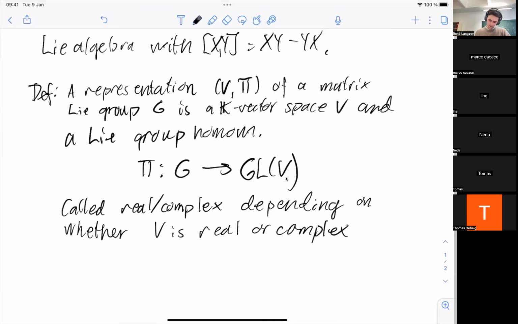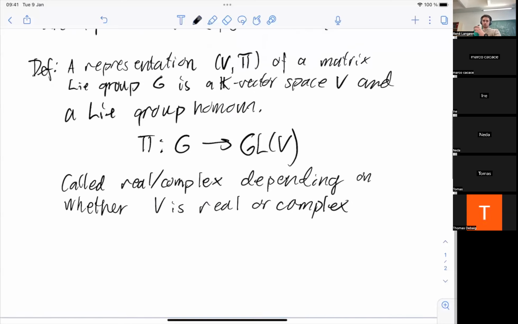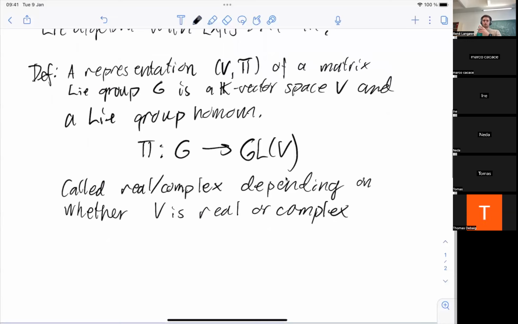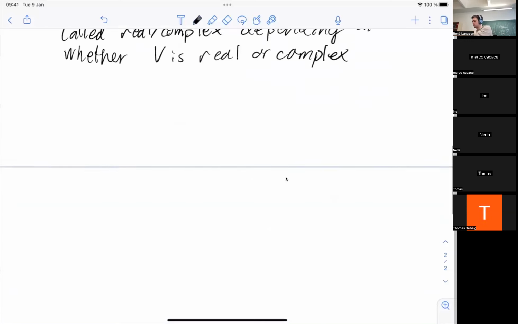So it's important to note that implicitly here we have some sort of structure on V. Of course, if I have a complex vector space, I can consider it as a real vector space with double the dimension, but my GL(V) is not the same if I consider it as a real vector space compared to a complex vector space. That's very important. So that's the first definition.